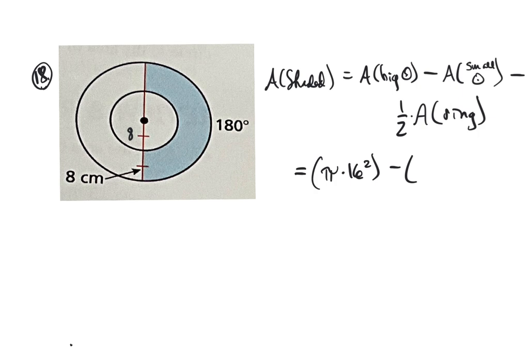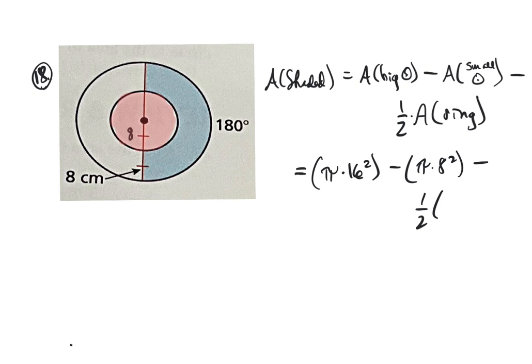We're going to subtract away the area of the small inner circle, and I'll color that in red. So we're going to get rid of this inner circle, which means that's going to be pi times its radius squared. And then we're also going to subtract away half of the outside portion.